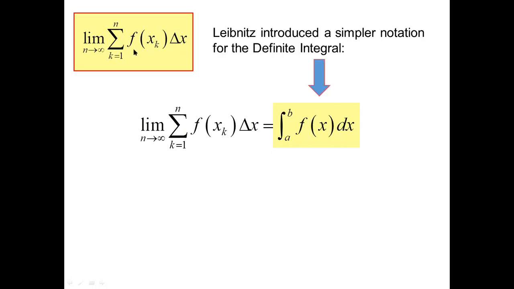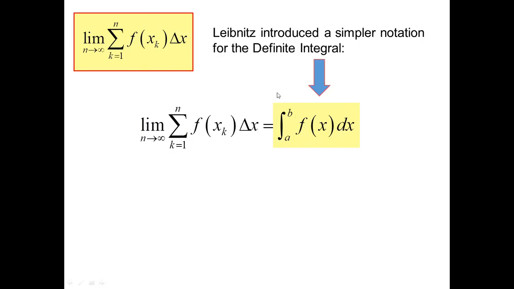So if you take the summation of the product of f of x and delta x, starting with f of k1 until kn, that would also be the same as getting the integral of the function of x and evaluating it using the limits a and b.